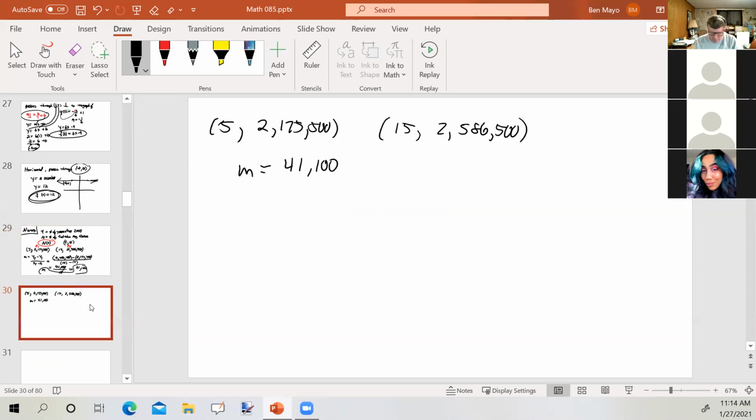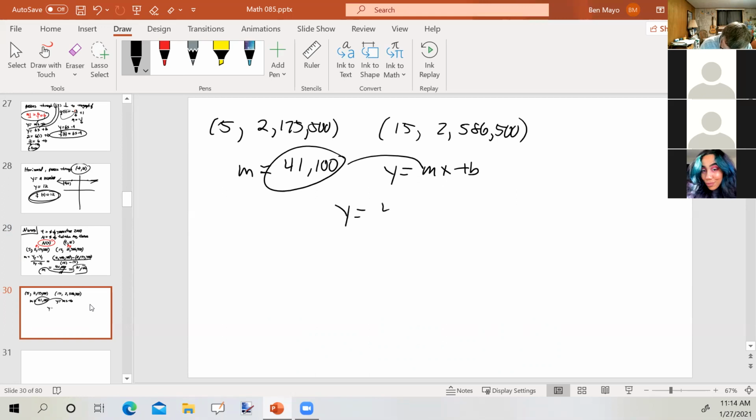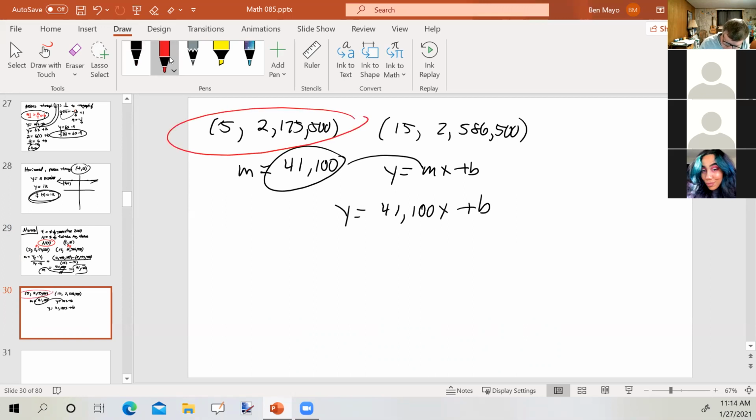Using y equals mx plus b, that goes in the place of m: y equals 41,100x plus b. I'm going to use one of the ordered pairs. I'll use this one. 5 goes in the place of x, 2,175,500 goes in the place of y. So I get 2,175,500 equals 41,100 times 5 plus b.